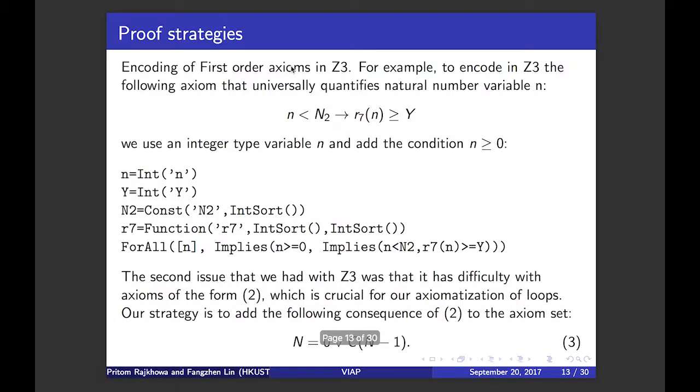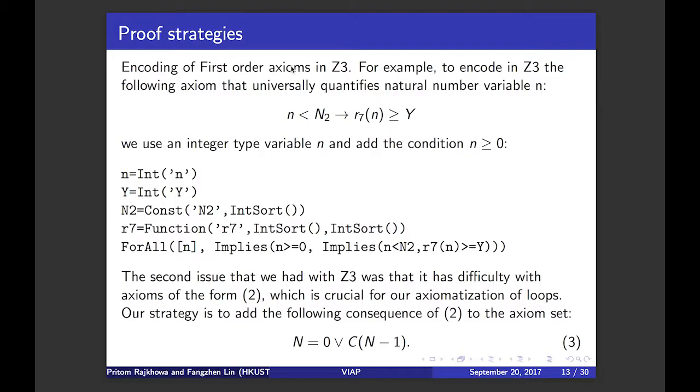Now let's move to the proof strategies that we have adopted to prove the post conditions. We use Z3 to prove the properties about the program with axioms generated by our translator. Given that Z3 accepts first order axioms, it seems to be a straightforward task.